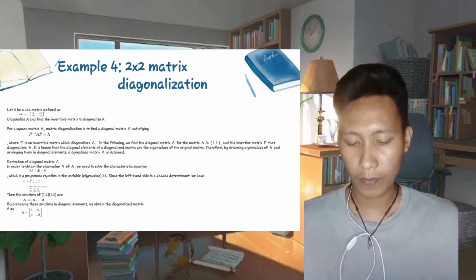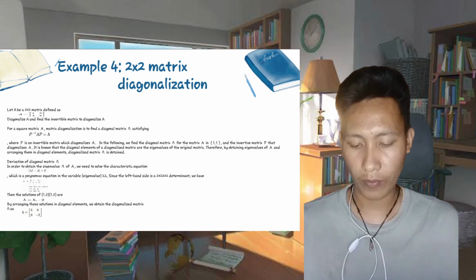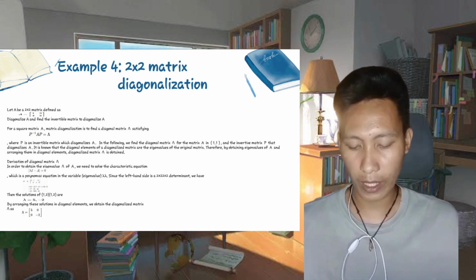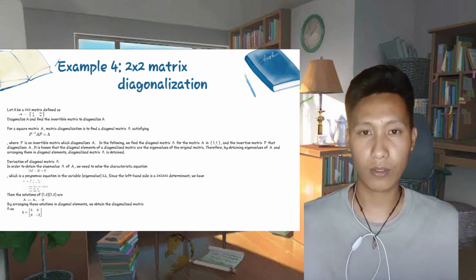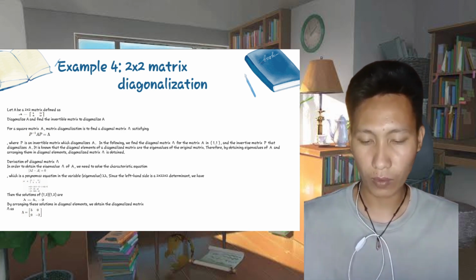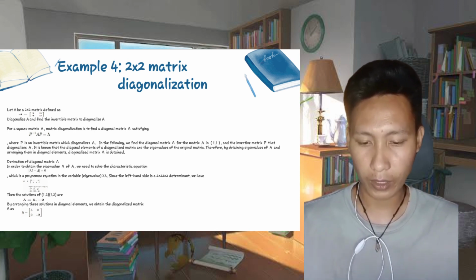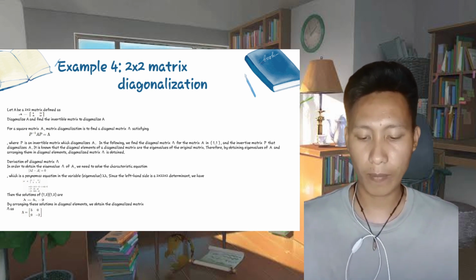We have [1, 3; 4, 2] times [x1, x2] equals negative 2 times [x1, x2].